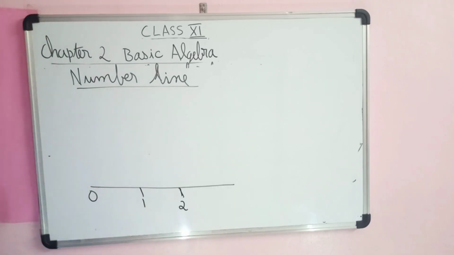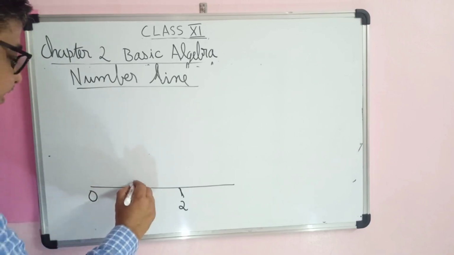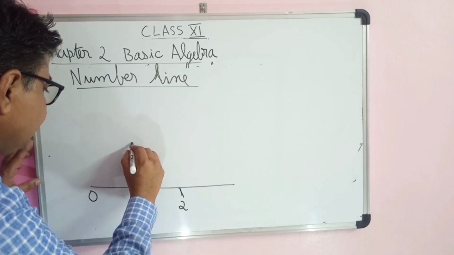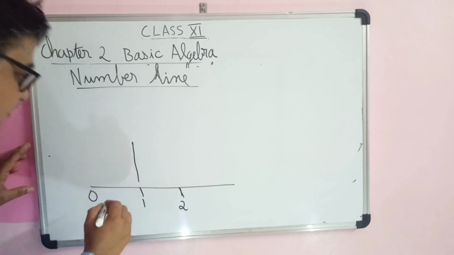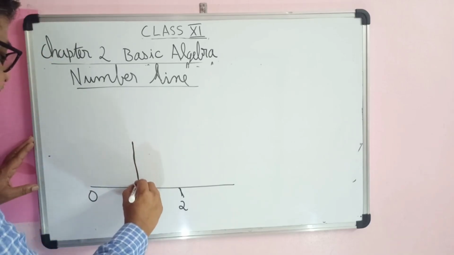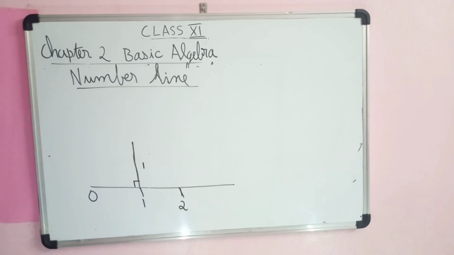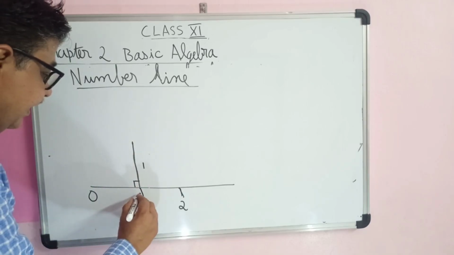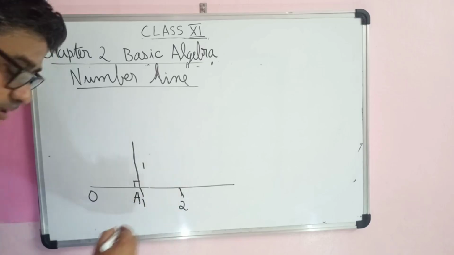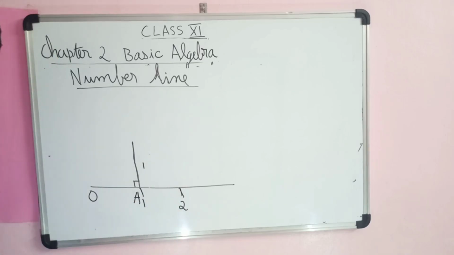Take the positive side from the origin. From here draw a perpendicular line which is also equal to 1 unit. Call this point A and call this point D. Join O and D.